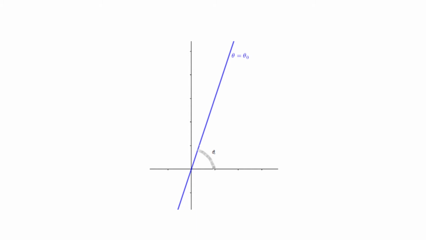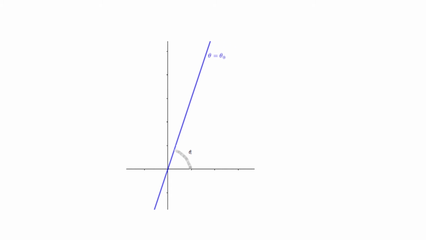That is, the equation theta = theta naught represents the line through O making an angle theta naught with the initial ray. As r is the directed distance, we can take any real number between negative infinity and positive infinity to get a line from the equation theta = theta naught.